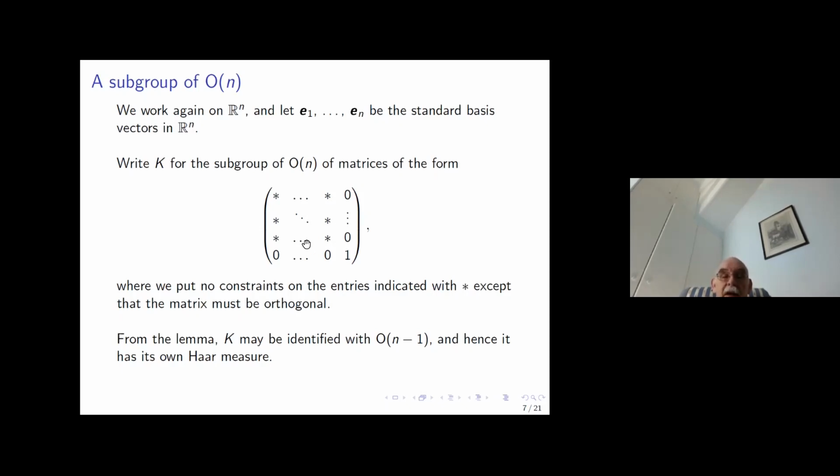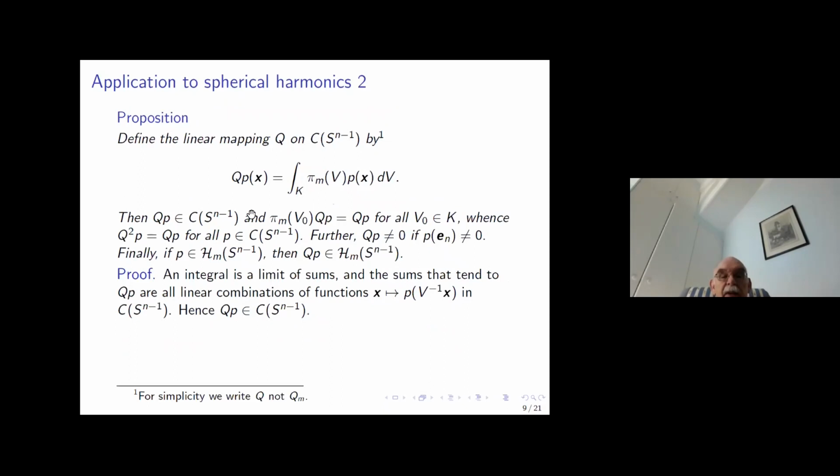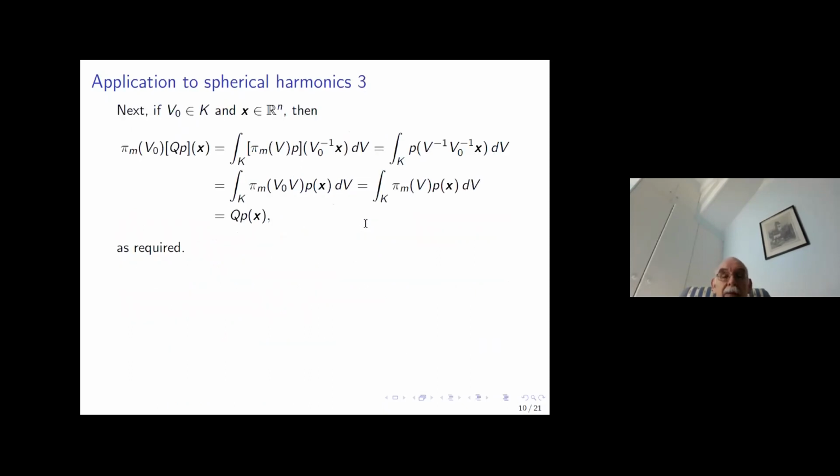So if I get two vectors of the same length, I can move one to the other. And so the function that has this property can only depend on the length of the vector.